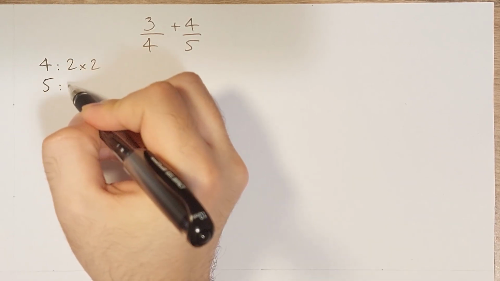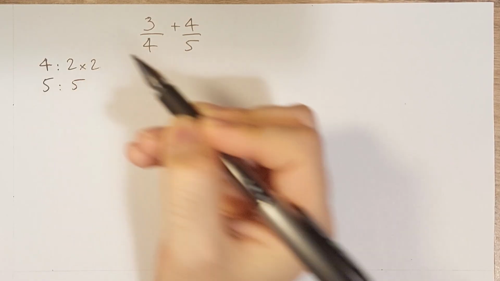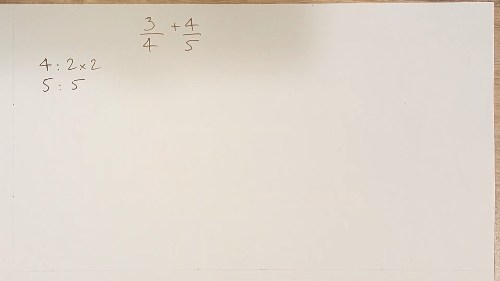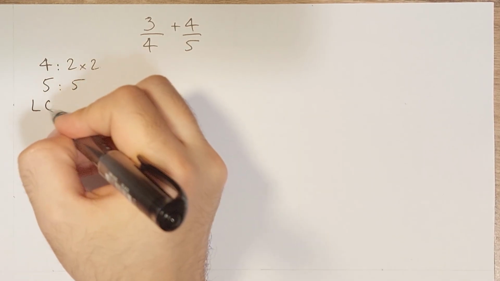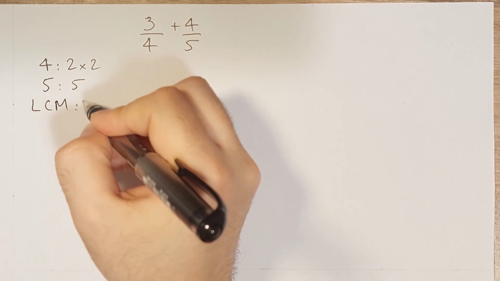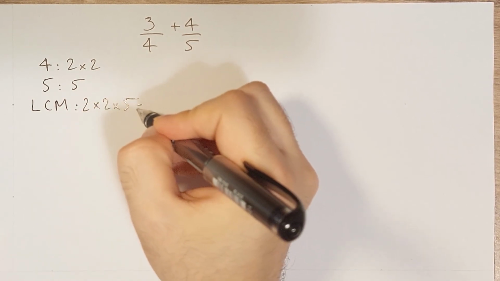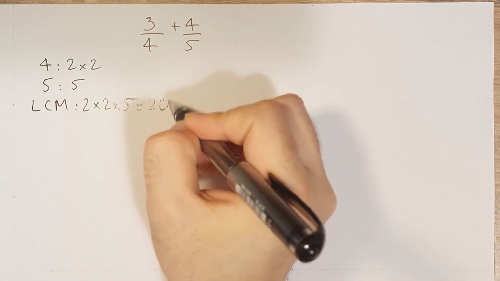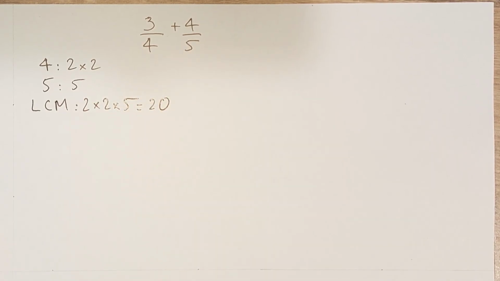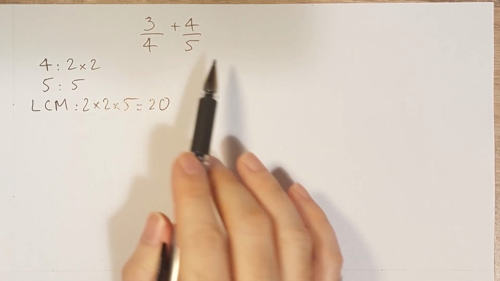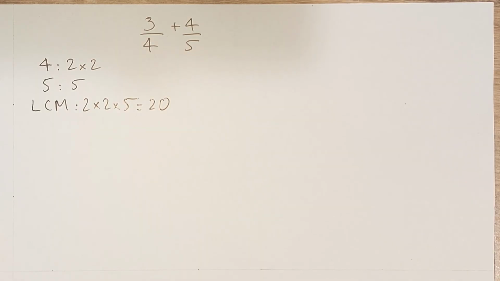And 5 is a prime number. So the LCM is 2 times 2 times 5, which is 20. So we have to convert both denominators to 20.